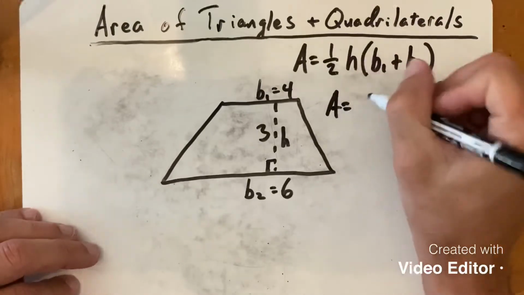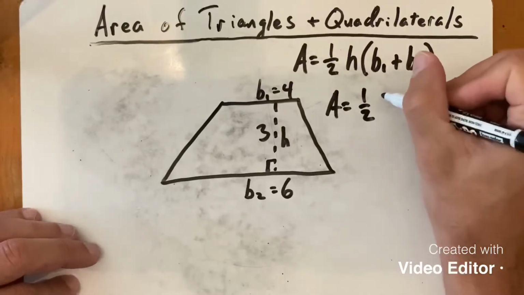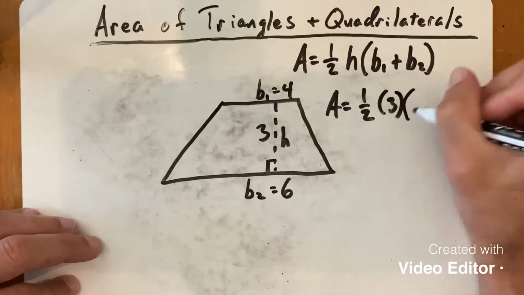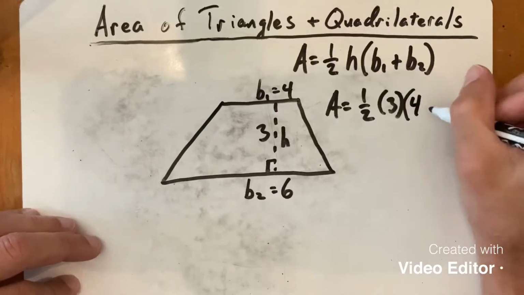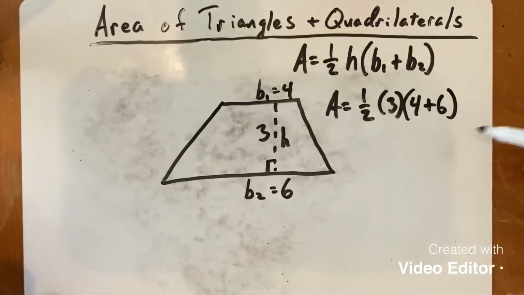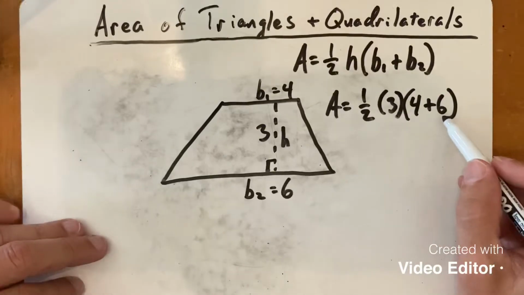So area equals 1/2 times our height, which is 3, times the sum of our bases. Base 1 is 4, and base 2 is 6. I'm going to add the bases together first, then multiply by 3, and then by 1/2. So 4 plus 6 is 10.